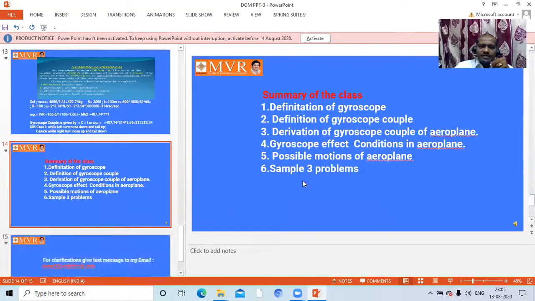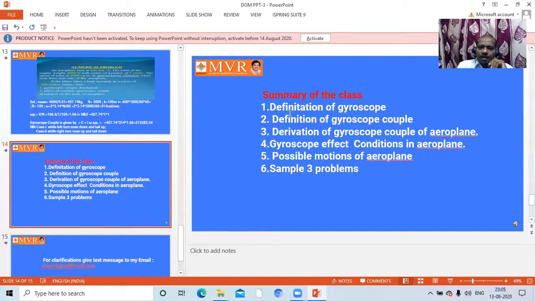Next one is the summary of the class. So before closing, try to recollect what I have explained. First, I have defined the definition of a gyroscope. Next, the definition of a gyroscopic couple.